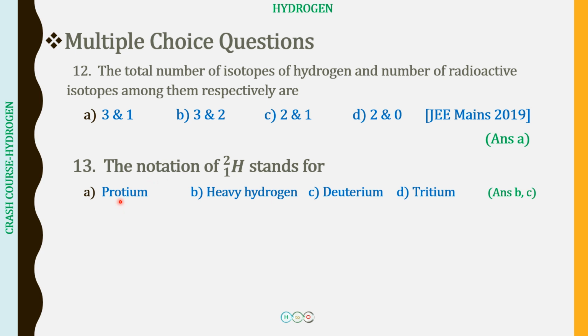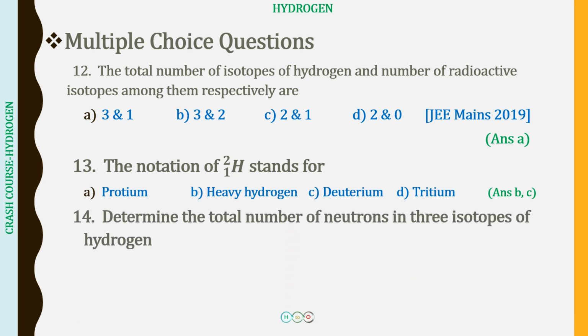Because the commonest form, which is protium, has mass number 1, so that will be H11. And because deuterium has a higher mass number than the commonest form, we call it heavy hydrogen. Hydrogen refers to protium and deuterium is heavy hydrogen, right? So the correct options are going to be B and C.